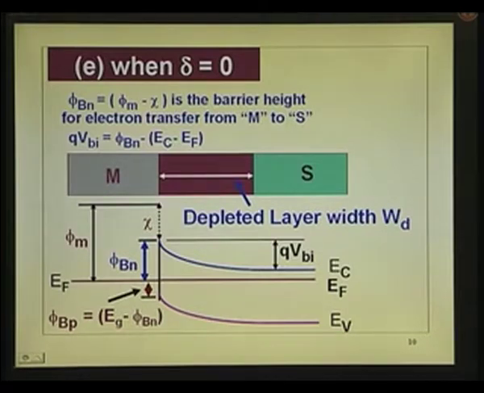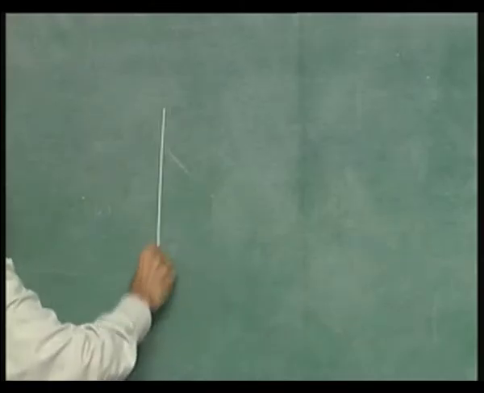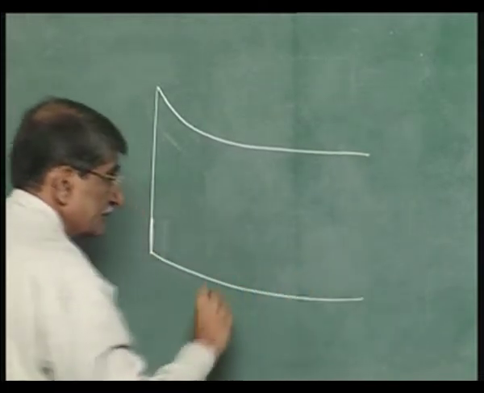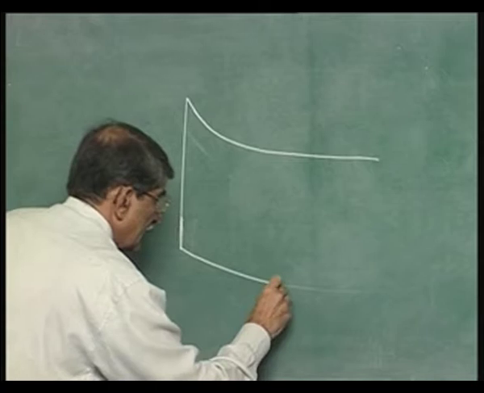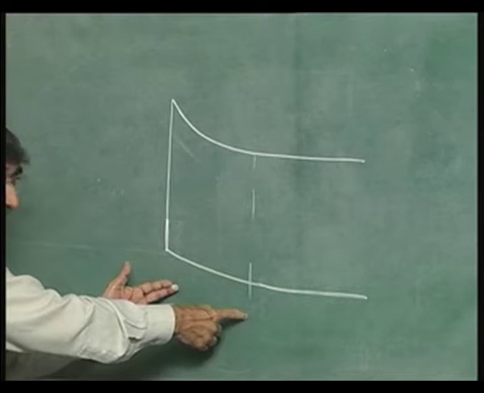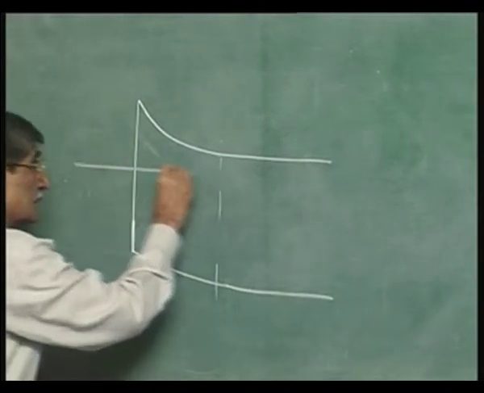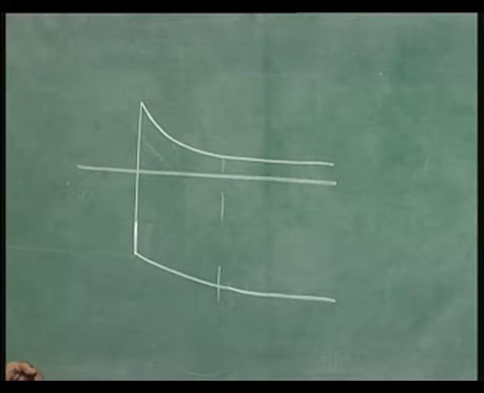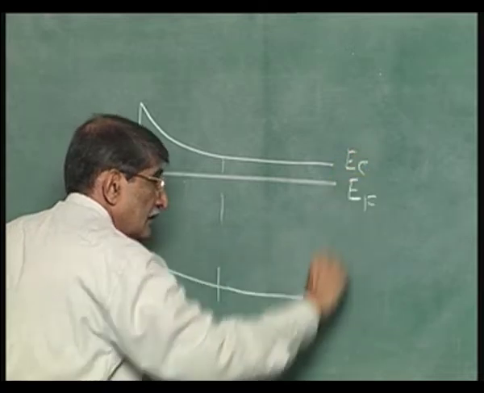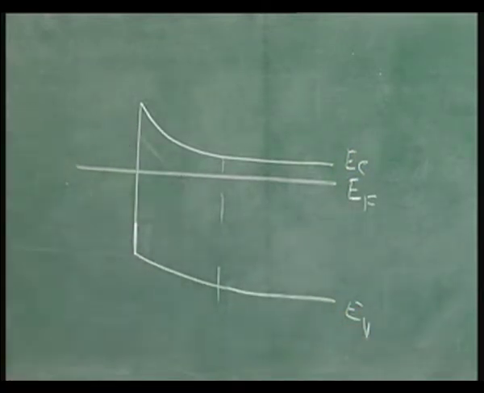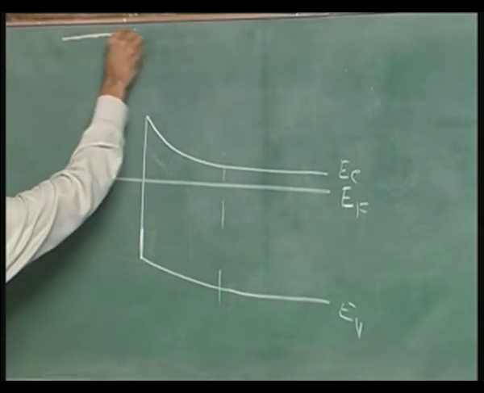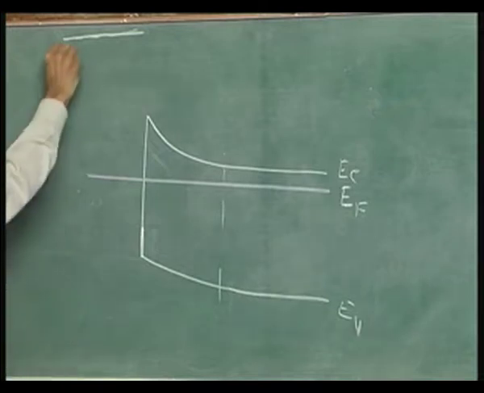So, what we are trying to see is, you have the contact like this. I am redrawing the diagram. The conduction band, valence band, etc. This is where up to where the depletion layer is present. Then I am putting this Fermi level here in contact, aligned with respect to each other, just like in the case of p-n junction, EC, EV. Now, what we are showing there is the vacuum level, and this is phi m.